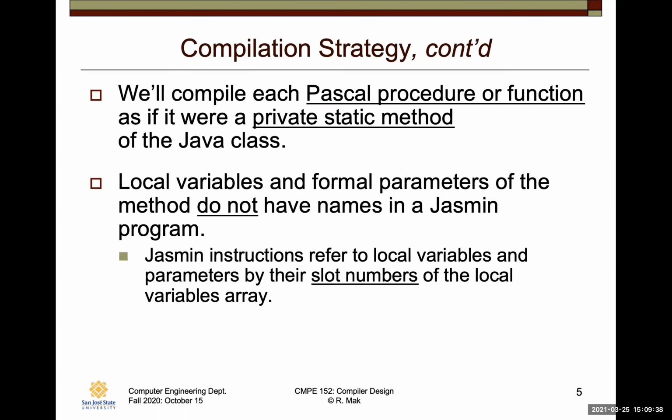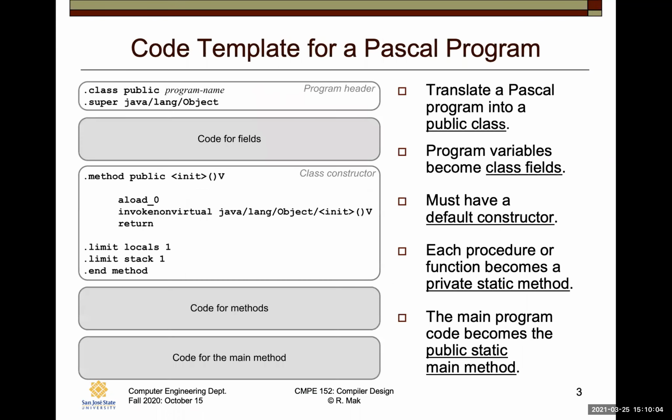Another quirk of Jasmine that we have to live with is that when we generate code for a procedure or function, we refer to all the local variables and parameters by their slot numbers. So we don't refer to them by name. However, if you are generating instructions for any of the program variables, and that would correspond to what I have here, fields, those do have names, and you can name them explicitly in your Jasmine program.